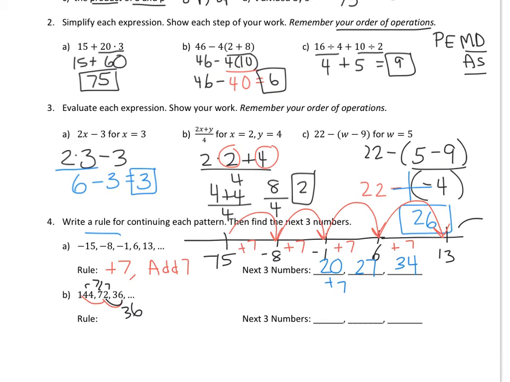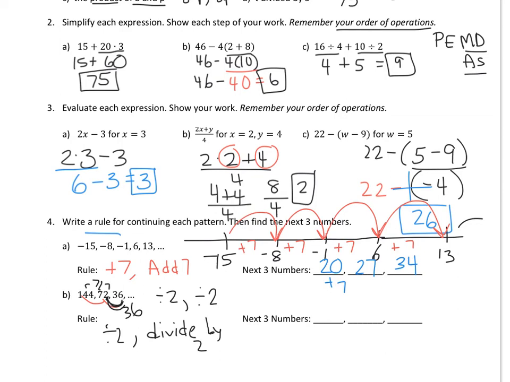So I'm not going down by the same amount, so I'm not subtracting. So I am dividing. To go from 144 to 72, you divide by 2. To go from 72 to 36, you divide by 2. So the rule is divide by 2.